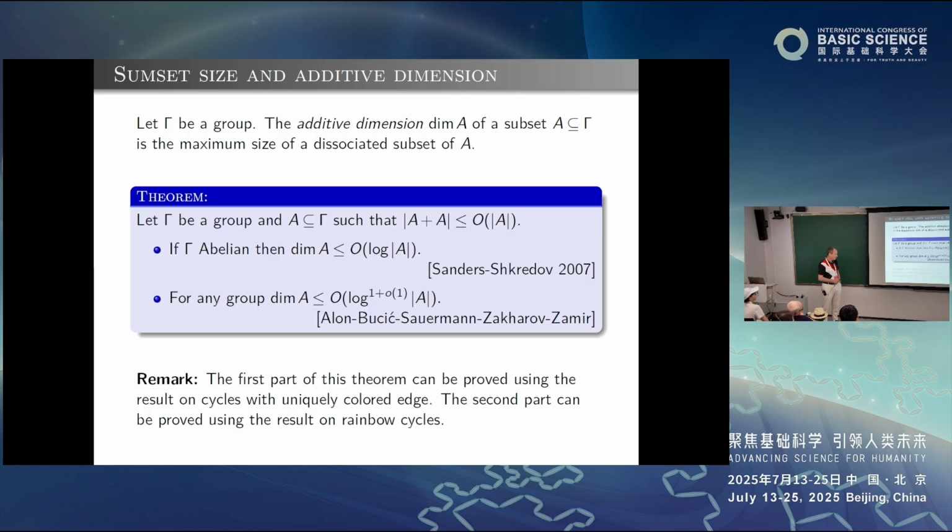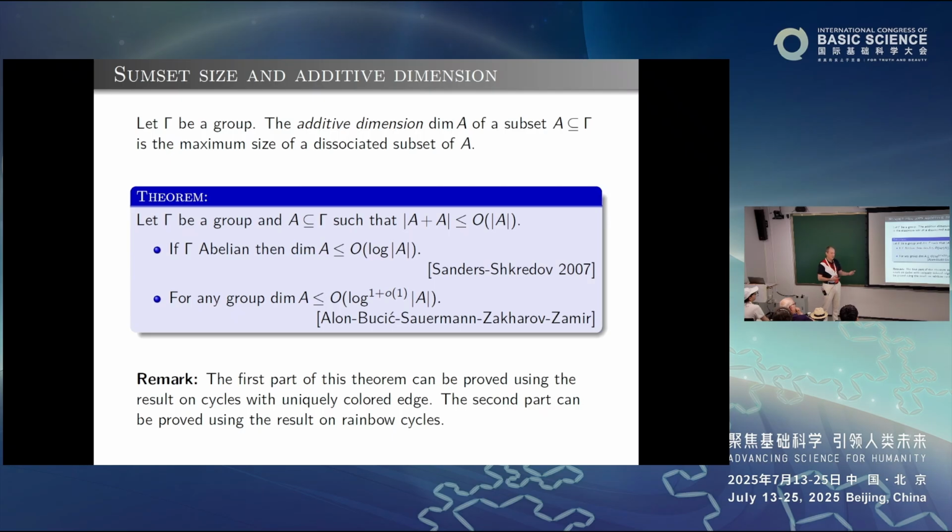I will not bother you with the proof. If you want, I can tell you in the break. To prove the first result, you can use precisely this lemma about finding a cycle with one unique color. And to prove the second result, you can use the second result of Alon, Bucić, Sauermann, Zakharov, and Zamir about the existence of a rainbow cycle.